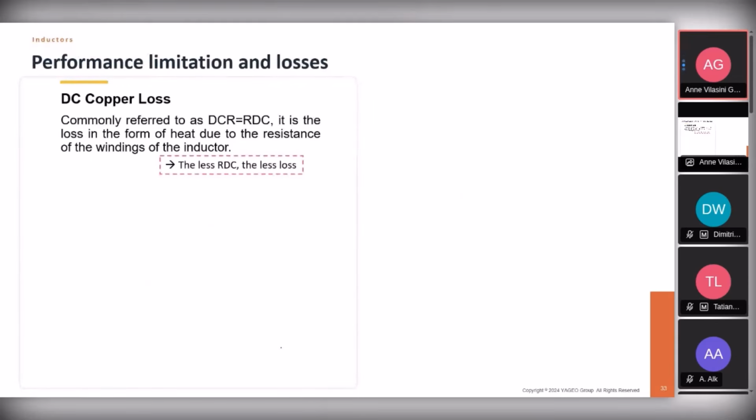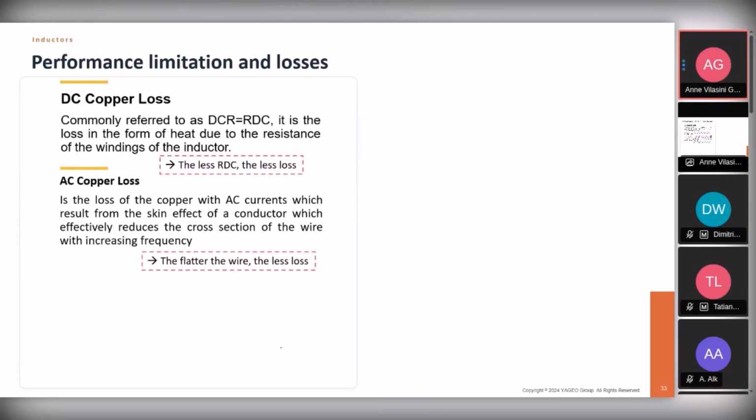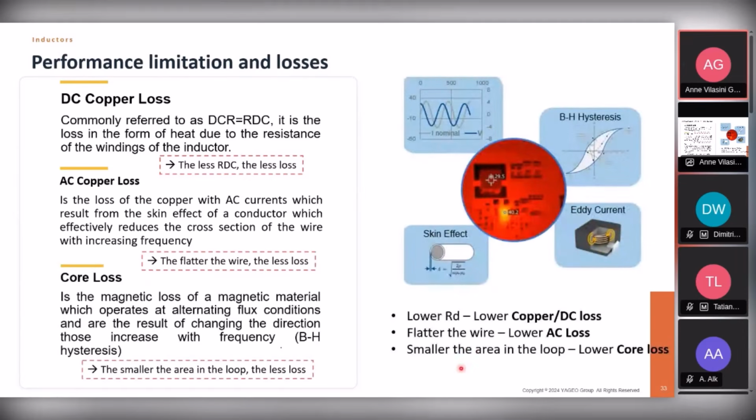Now the different types of losses. The DC copper loss that we spoke about is because of the heat generated in the parasitic resistance of an inductor. AC copper loss is normally at higher frequencies. We have something called skin effect, where the current is not flowing through the center of the conductor but on the surface of the conductor. In order to reduce the copper loss with AC currents, we have to use flatter wires.